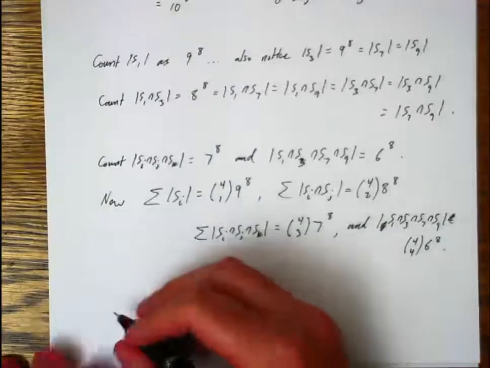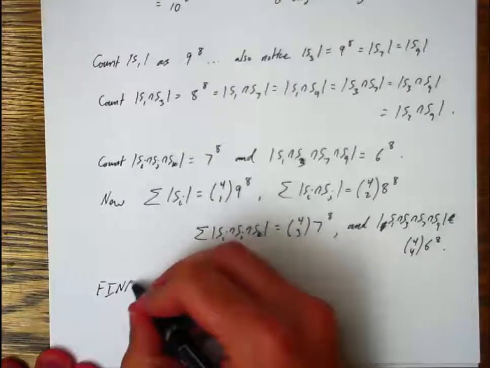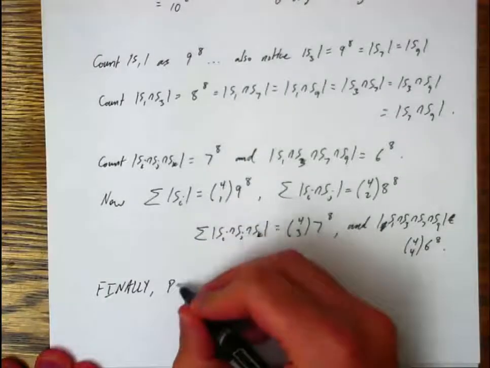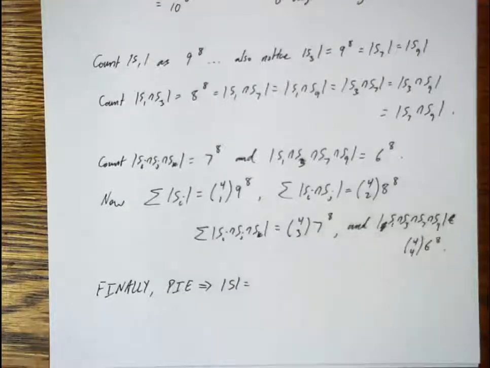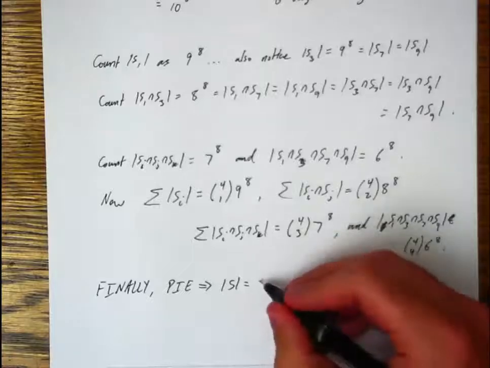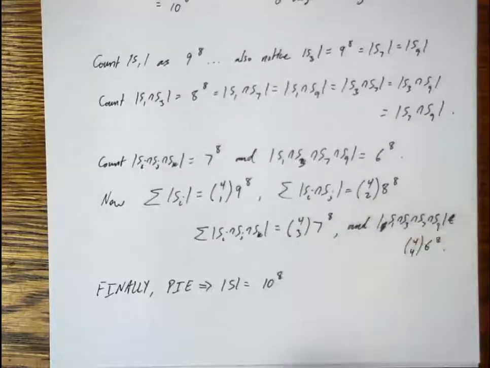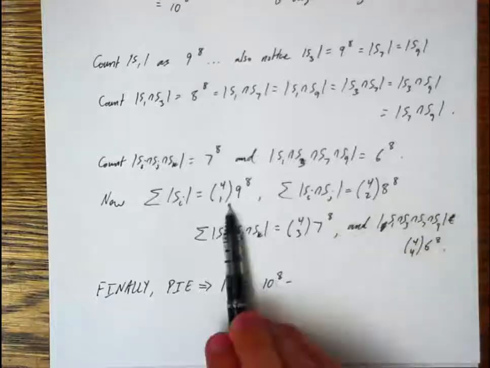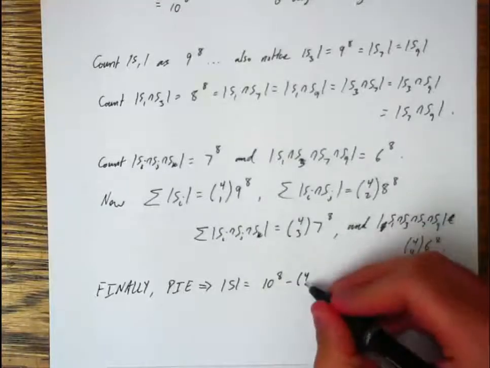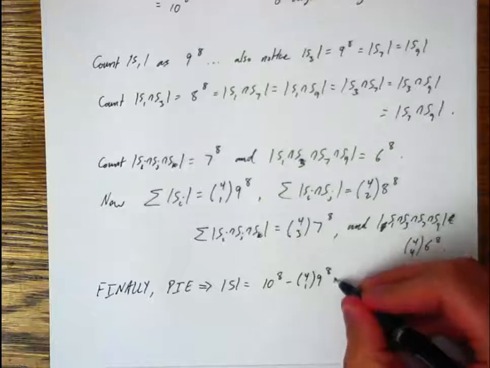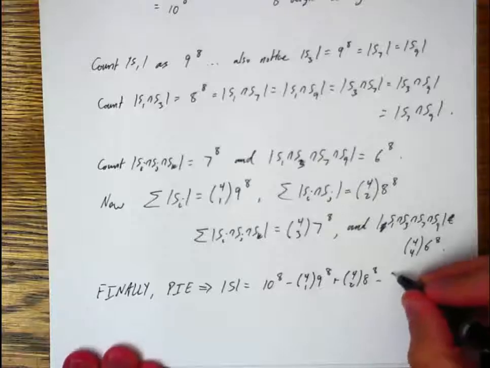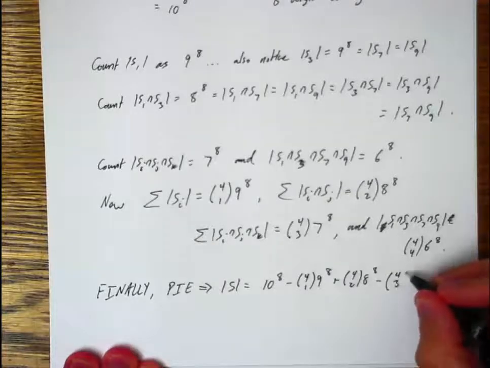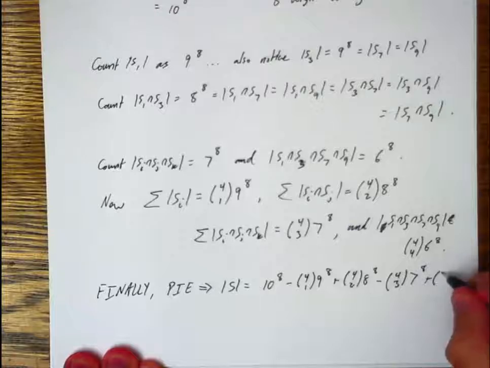Okay, so then the principle of inclusion and exclusion. So finally, the PIE says that the numbers that I want to include in my set are: take all the total numbers that I could have, subtract off the sum of the singletons, so that's 4 choose 1 times 9 to the 8th, add back on the pairwise intersections, and these guys are all counted the same way, subtract out the triple intersections, and then add back on the quadruple intersection.